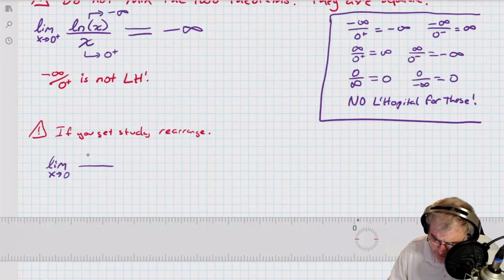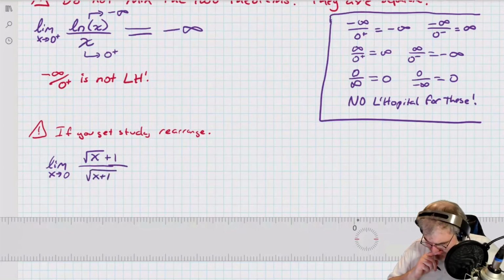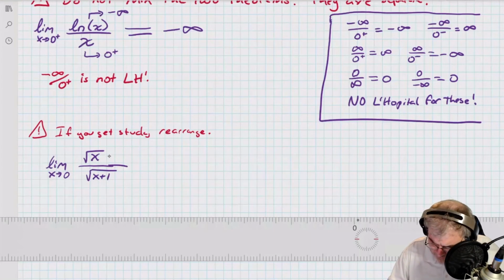Let's do the square root of x plus 1 over the square root of x plus 1. No, that one won't go to 0 either. That one would go to 1 over 1. That'd be fine.